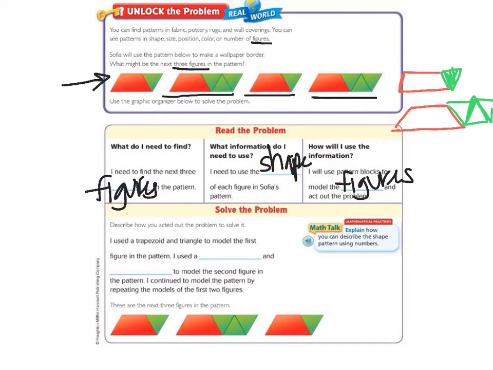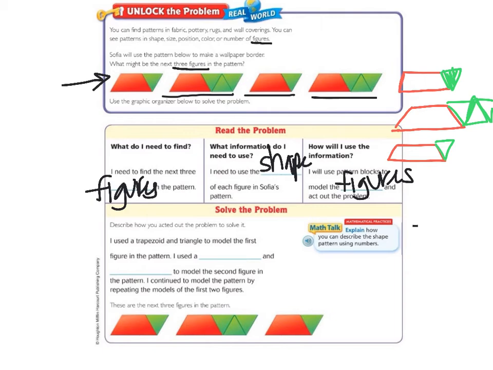And then finally, my last figure will begin with another red trapezoid connected to one green triangle. Even though I didn't have the pattern blocks to act this problem out, by drawing them, I used the method of acting out the problem.